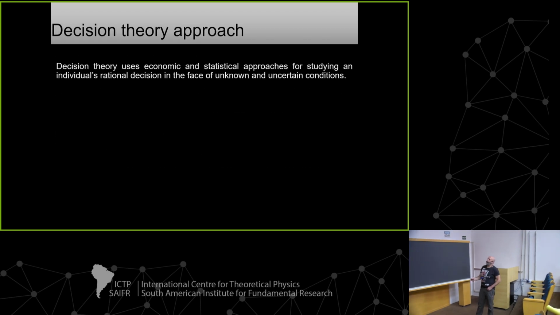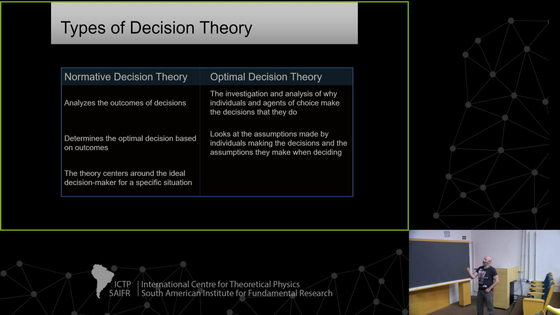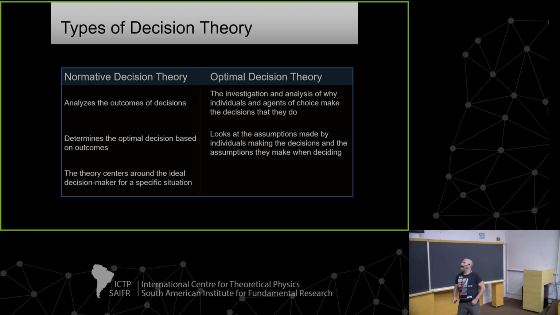So let's come back to some examples. This is just a summary of what I have been saying. Normative decision theory analyzes the outcomes of decisions, determines the optimal decision based on these outcomes, and when I mention optimal, it is based on the utility theory, and the theory centers around the ideal decision maker for a specific situation. Ideal here is a synonym of rational.